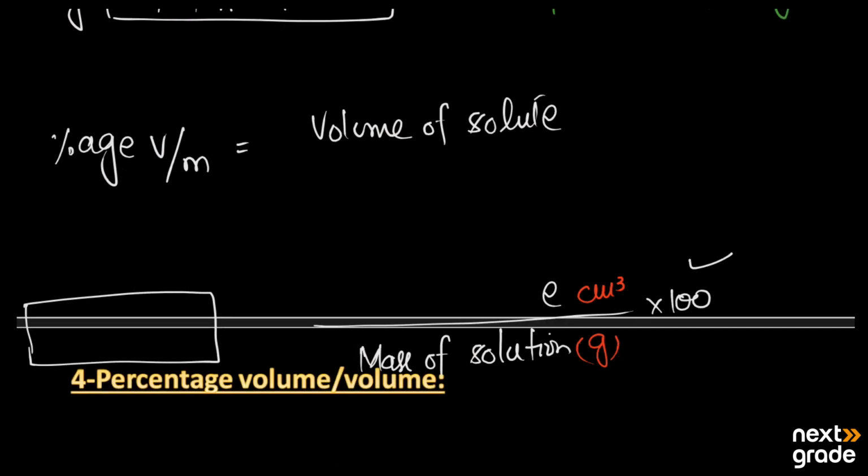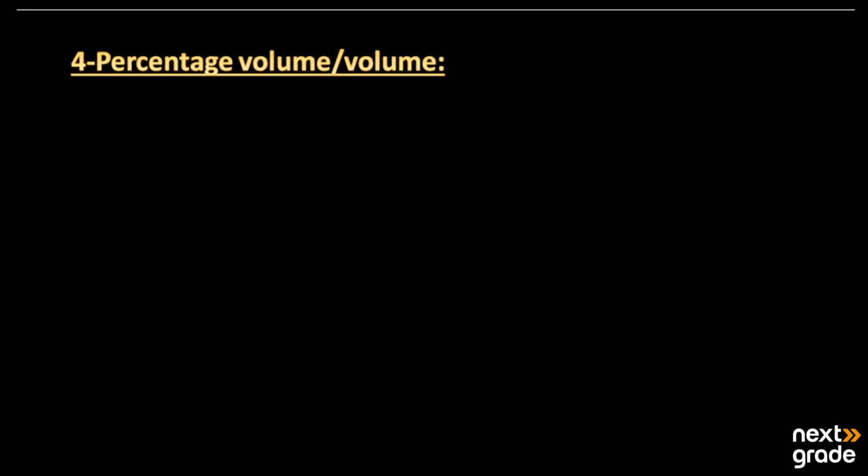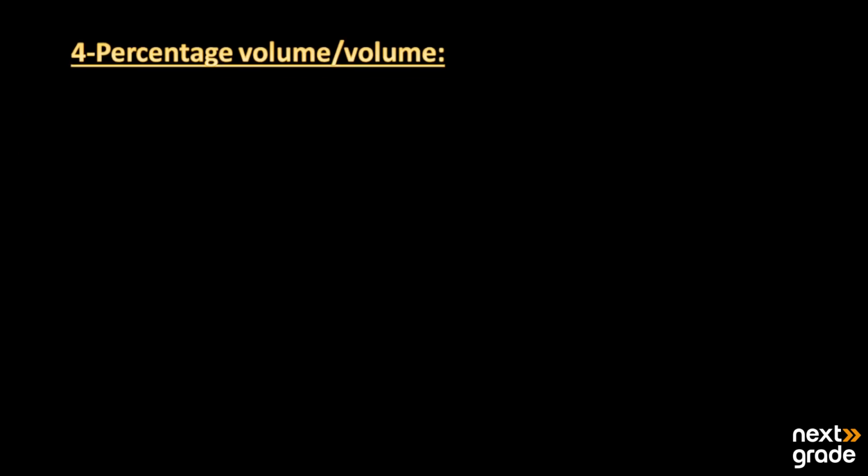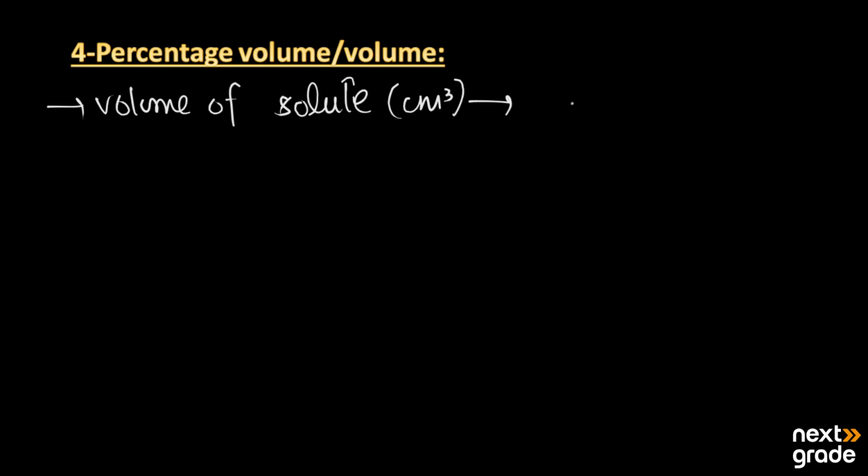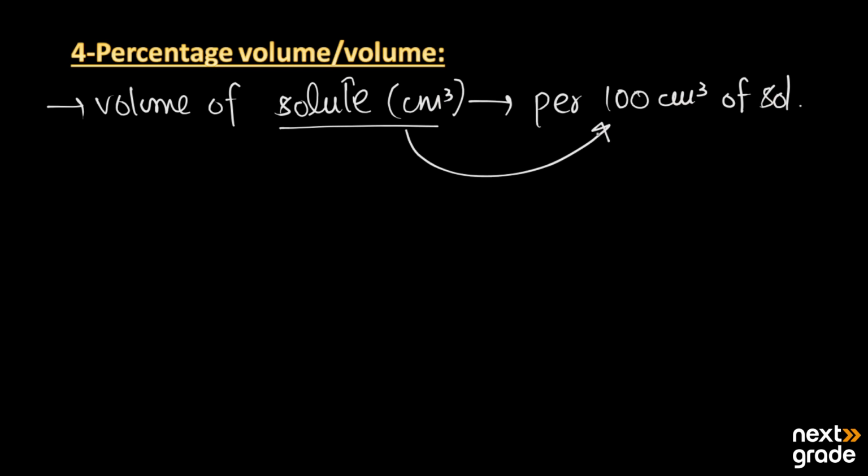At the end we have the last one, the fourth one, which is the percentage volume by volume. It means the volume of the solute, in centimeter cube, that gets dissolved per 100 centimeter cube of the solution.